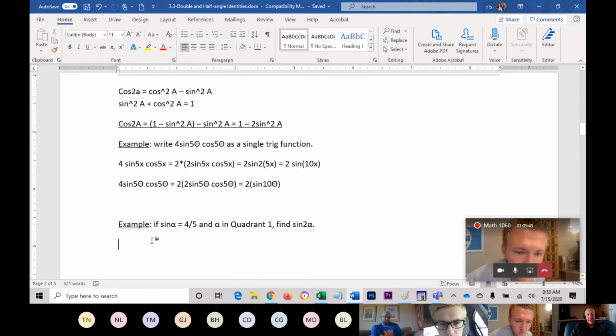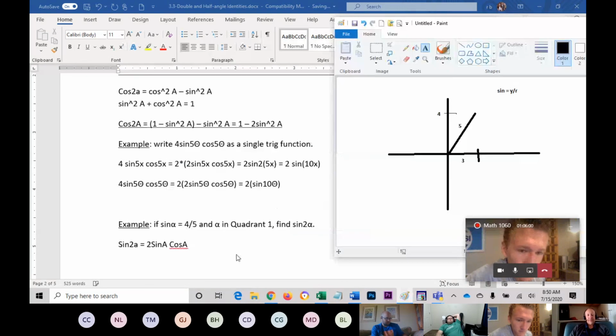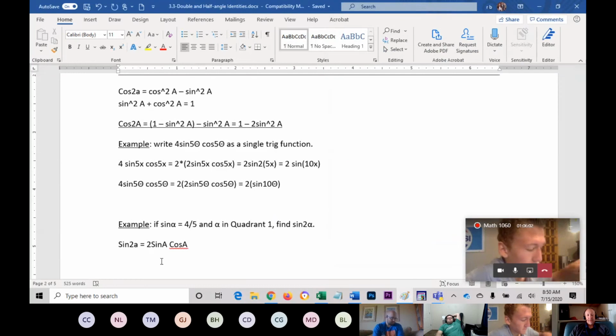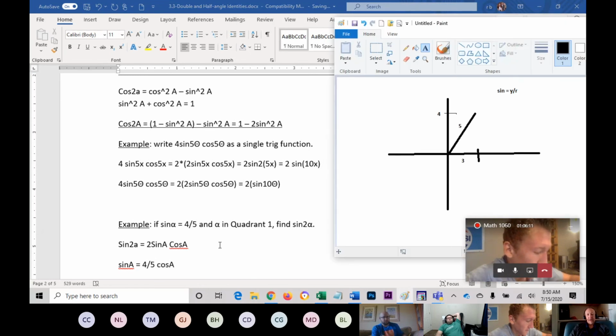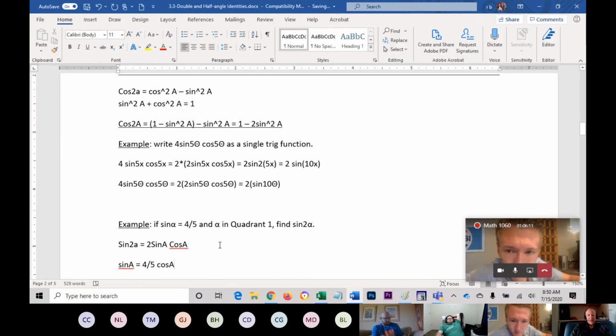So sine of 2 alpha equals 2 sine alpha cosine alpha. And do we know those? Yes, we know that the sine of alpha equals 4/5 because we gave that to you. What's the cosine of alpha? It's 3/5.